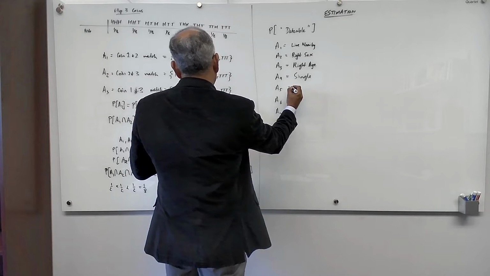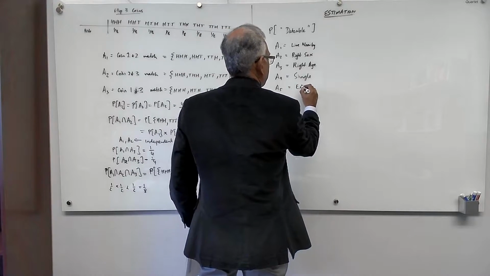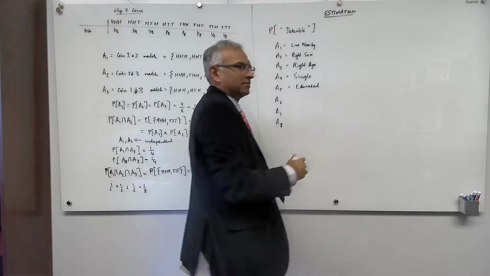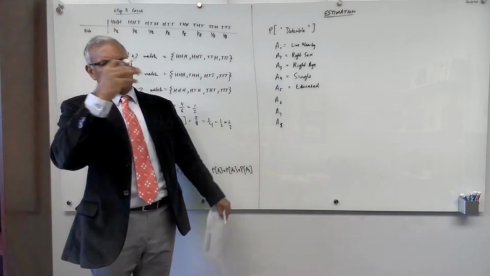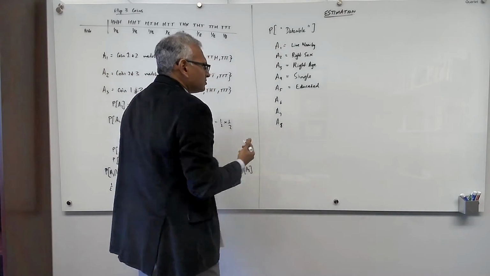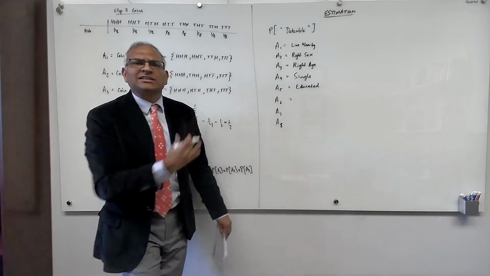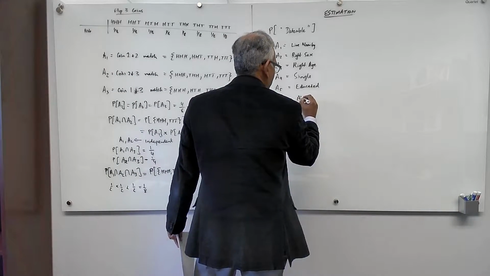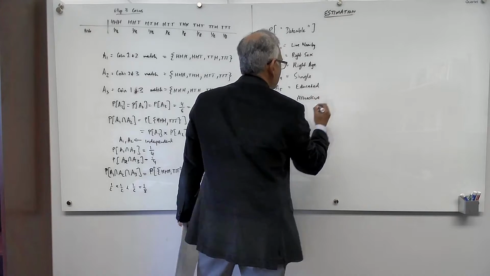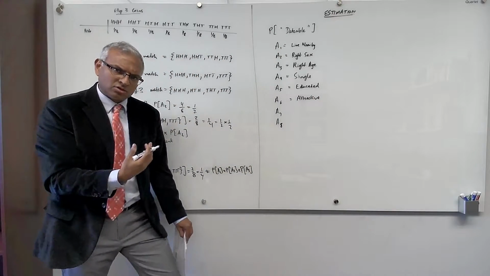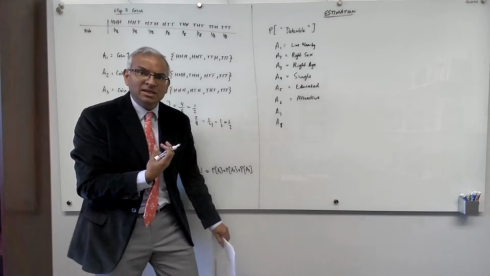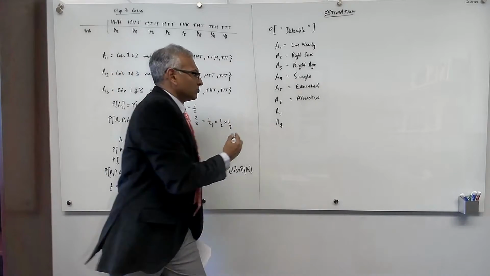To be dateable, you should be educated. Now, we're all RPI students here, so we're all educated, and we like to date people who are educated. To be dateable, I must be attracted to you, so you should be attractive. And for the dating scenario to work, for you to be dateable by me, I must be attractive to you.